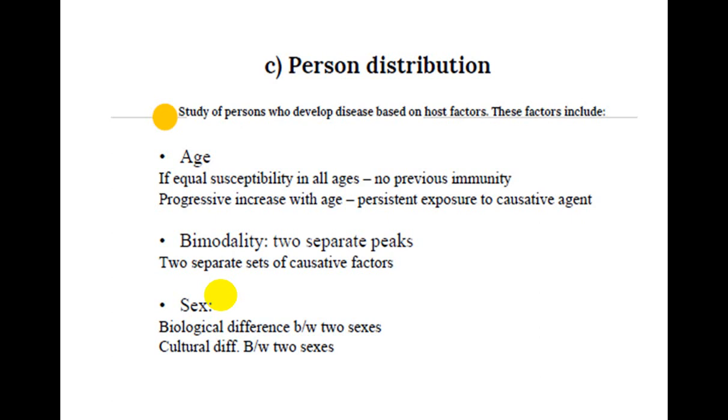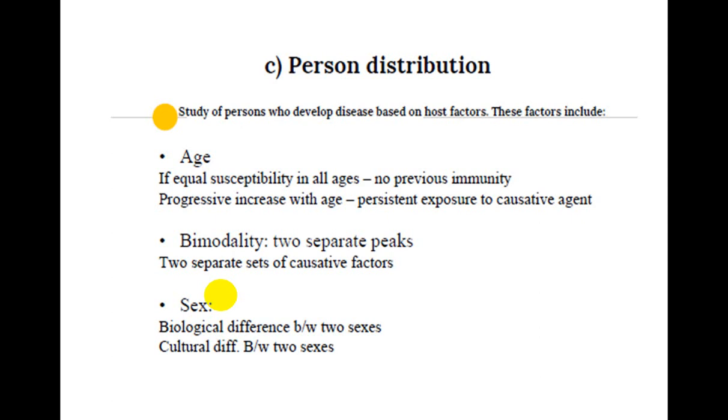Age. Age is more strongly related to disease than any other single host factor. Certain diseases are more frequent in certain age groups than in others: measles in childhood, cancer in middle age, and osteoporosis in old age.